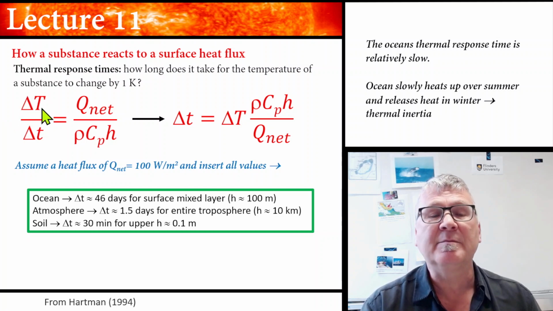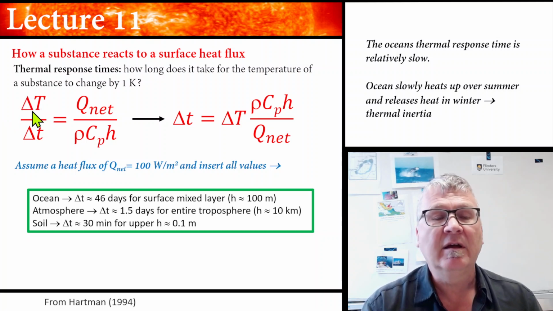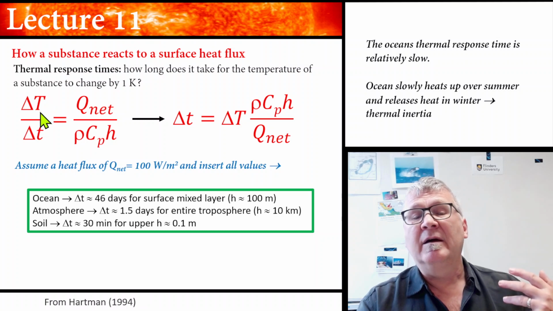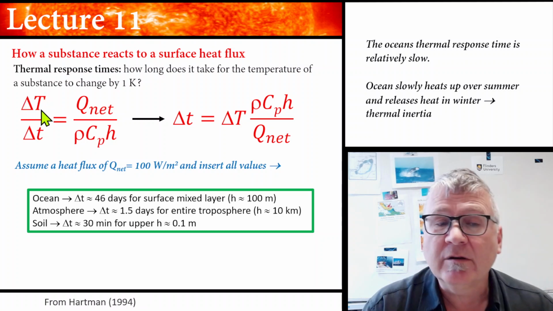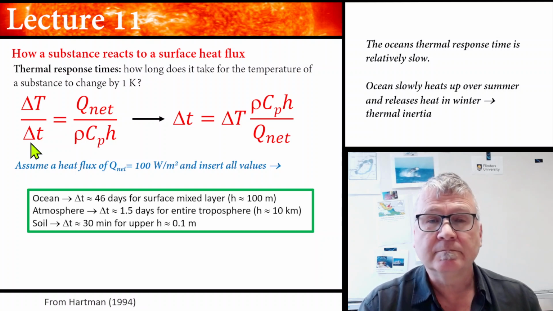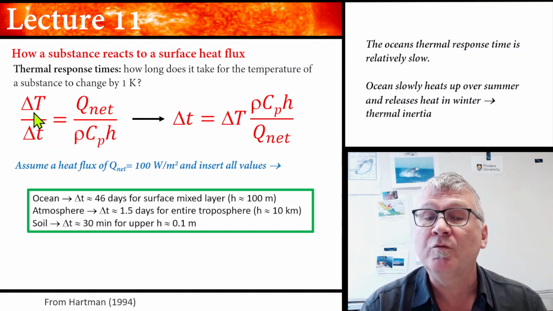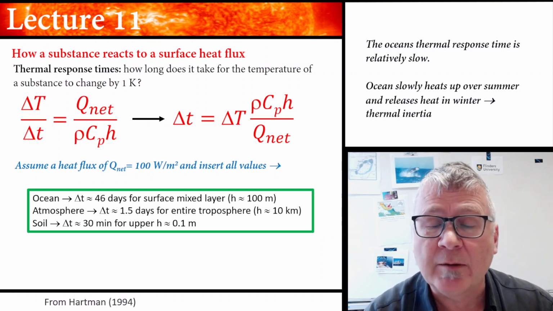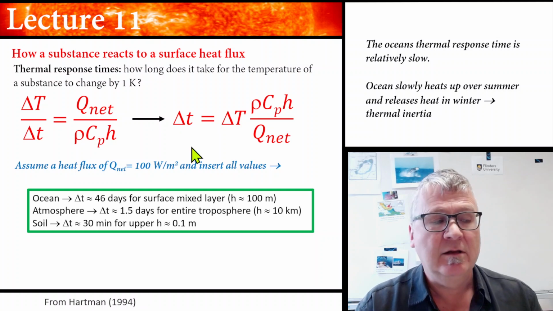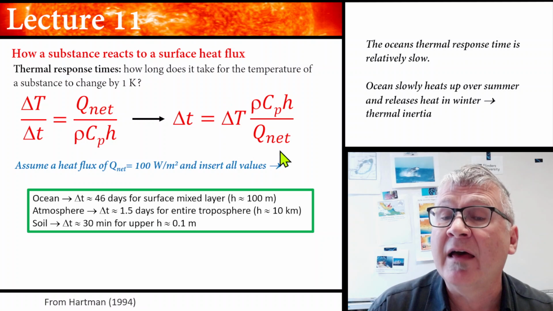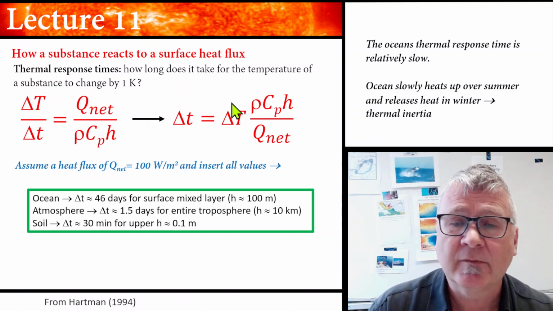You can see these symbols here, delta T divided by delta lowercase t: a change of temperature divided by a change of time. It actually turns into a ratio, and we can now manipulate the equation. We can put the time scale onto the left side of the equation and everything else onto the other side.